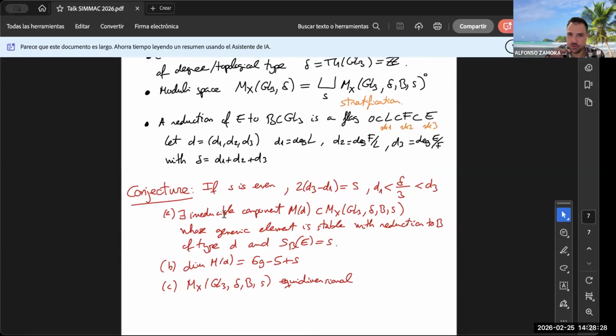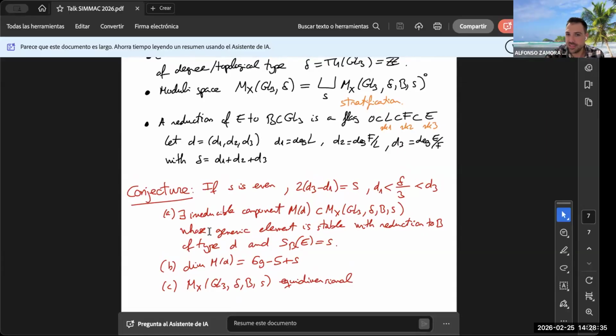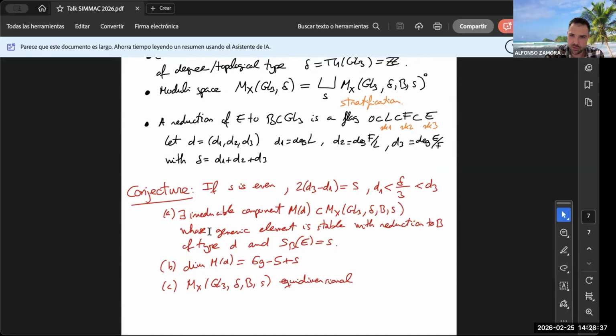we conjecture that there exists an irreducible component for each tuple of degrees in the flag, whose generic element is stable. So generically, they appear in the moduli space of vector bundles with the prescribed value of the Segre invariant.